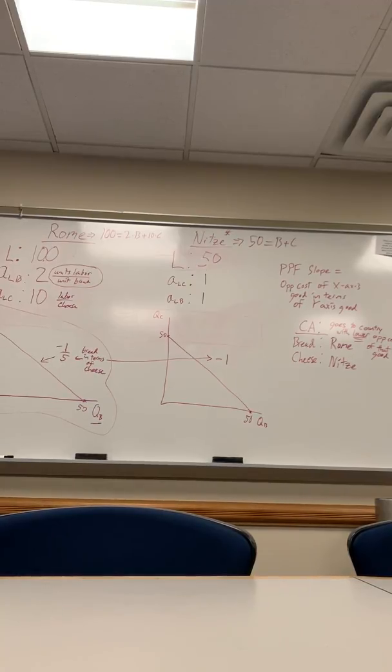What if you're more productive in one good and someone else is more productive in the other good? Then would it have to just be relative? So it would be higher in cheese relative to bread, and the opposite for the other country. Does that question make sense?